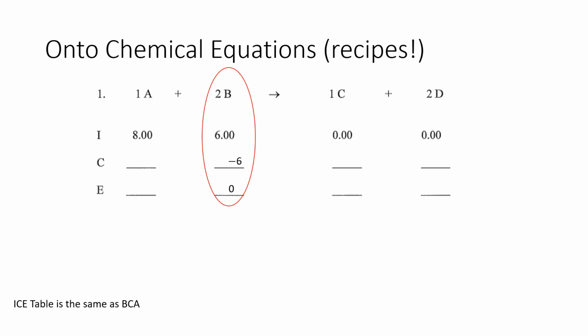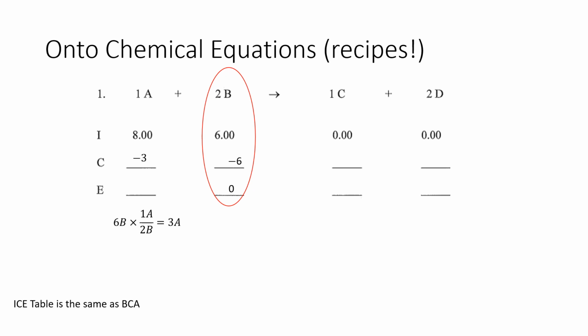And since A is the excess reagent, what is the leftover? So to determine how much is being consumed, the change column, we need to use the limiting reagent. So I'm given 6B, and given the mole ratio between A and B is 1 to 2, I know that 3A will be consumed in the reaction.